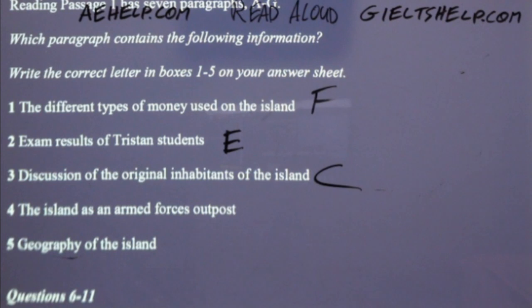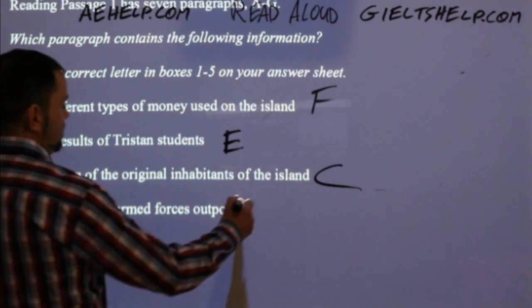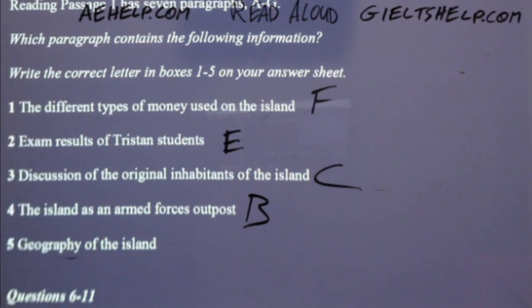Which paragraph was that? That should be an easy one. That's right, Hassan. That's right, Roshni. Yeah, when the British were looking for the U-boats, right? So that's going to be paragraph B. Yeah, they took it from the Portuguese and used it as a military outpost.